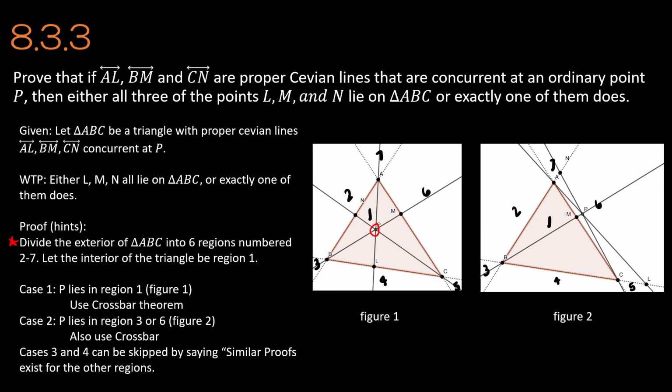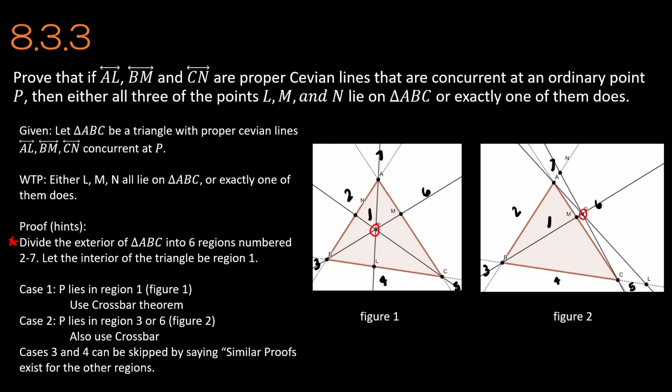For case 2, we're going to say that P lies in region 3 or 6, and you can see on figure 2, I have put it in region 6. Those regions are just created by the sidelines of the triangle and extending those sidelines out. So again, P lies in region 3 or 6. Again, you're going to use the crossbar theorem to prove what you need to prove.